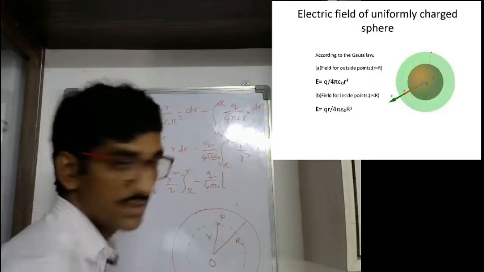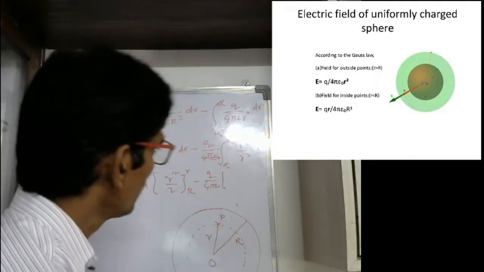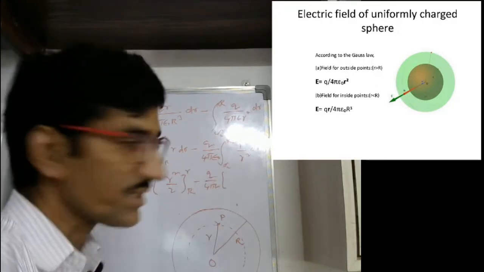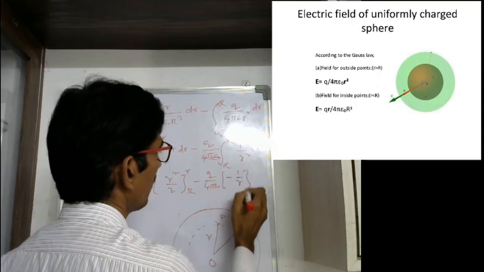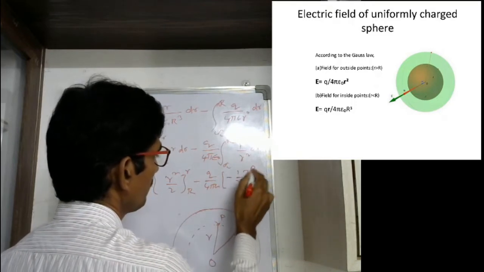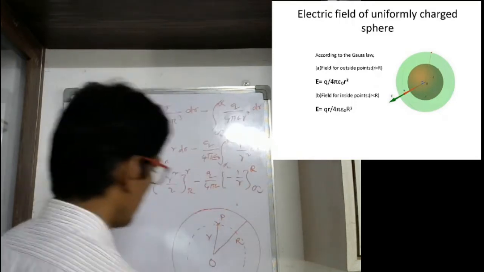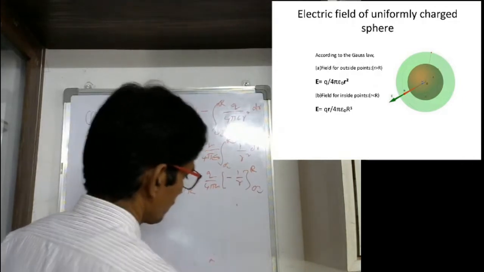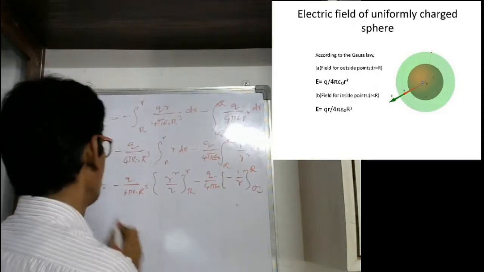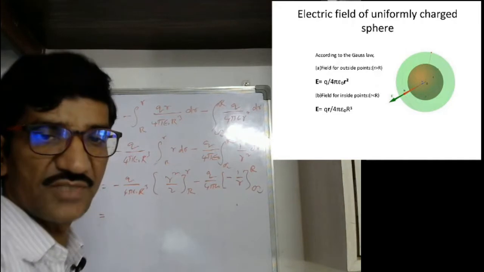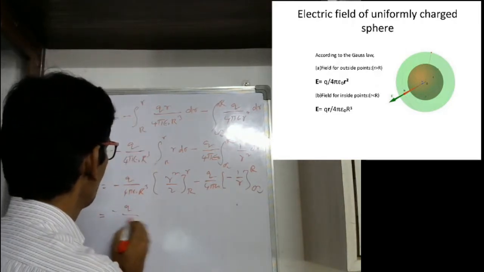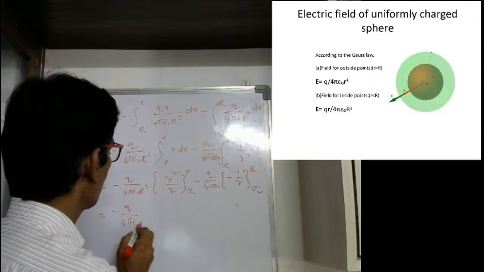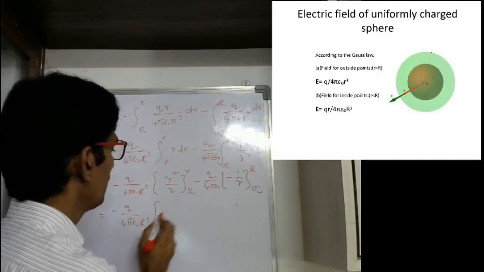What is the integration of 1 by r square? This is minus 1 by r, infinity to r. Okay. Now this is equal to minus q by 4 pi epsilon naught r cube.